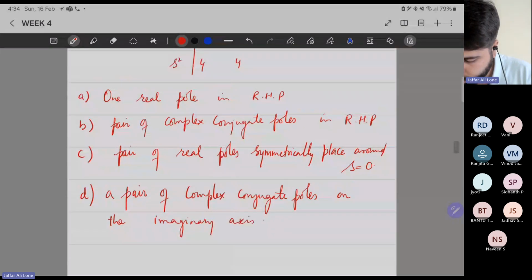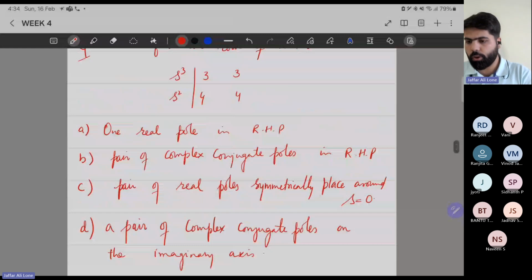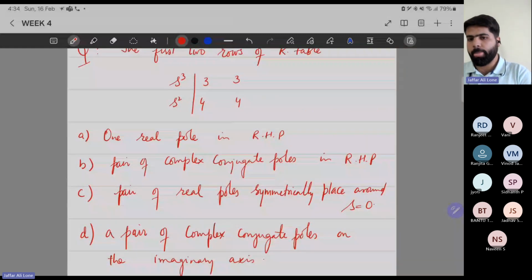Yeah, can you solve it? You're given S3, S2, you have to find S1 and S0. And based on the options, you have to tell me which option is correct.